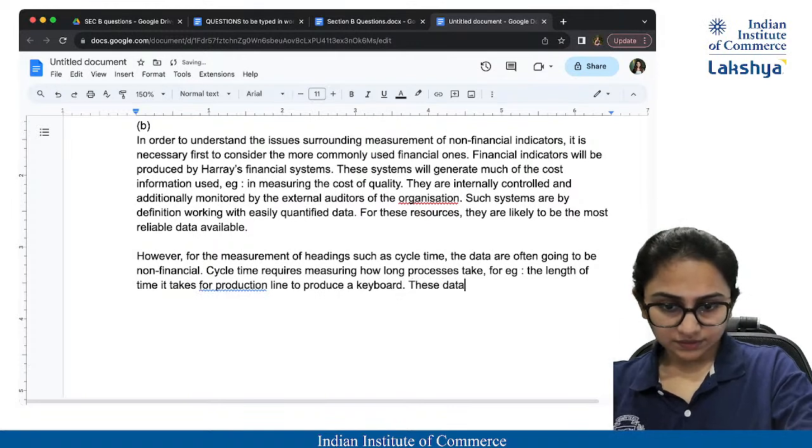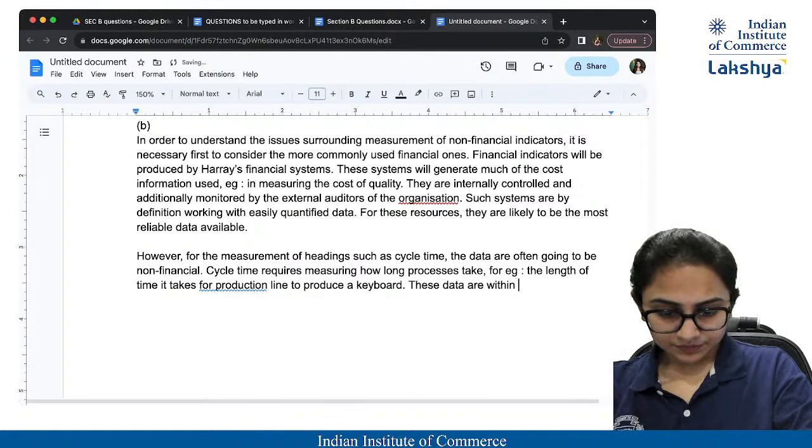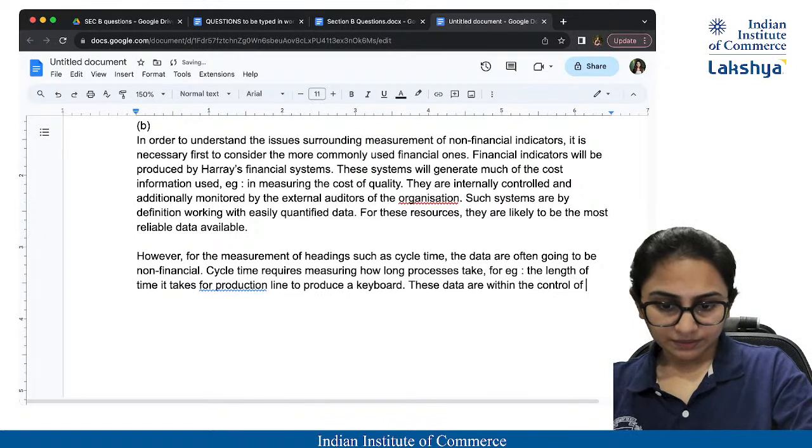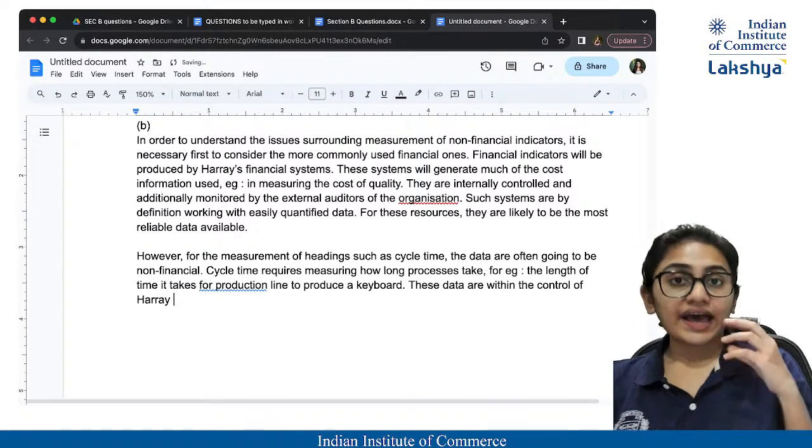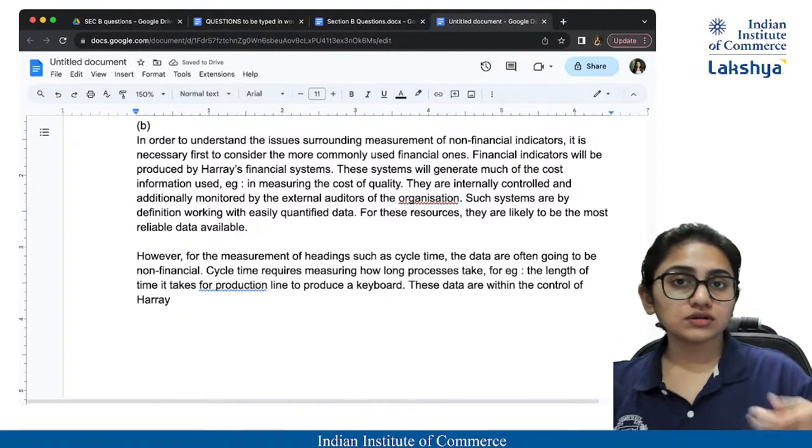These data are within the control of Harry, because Harry needs to do the delivery on time, receivables, payables, cycle time.